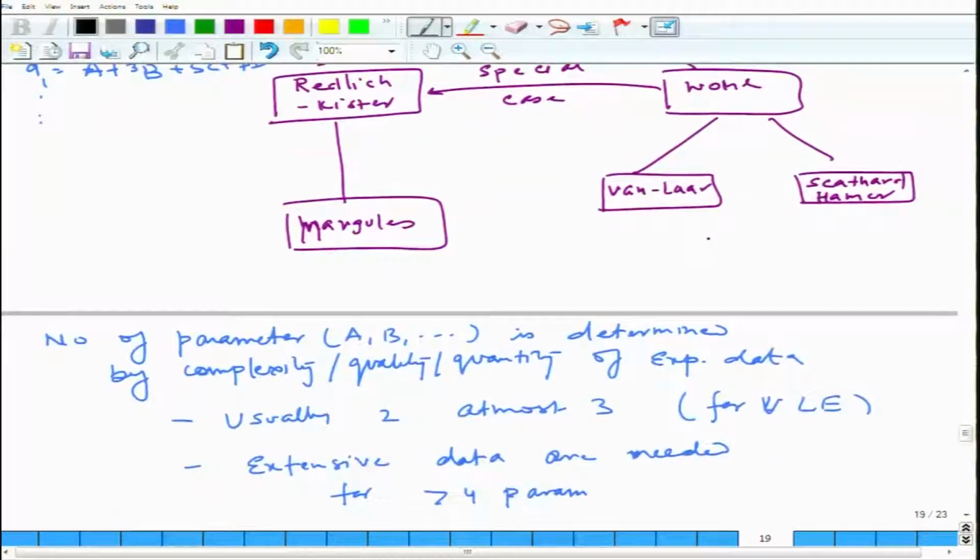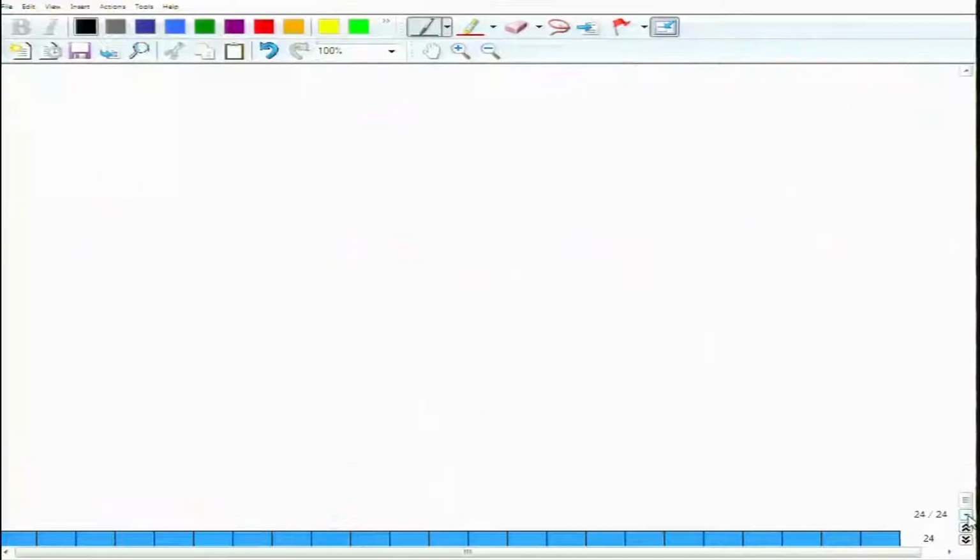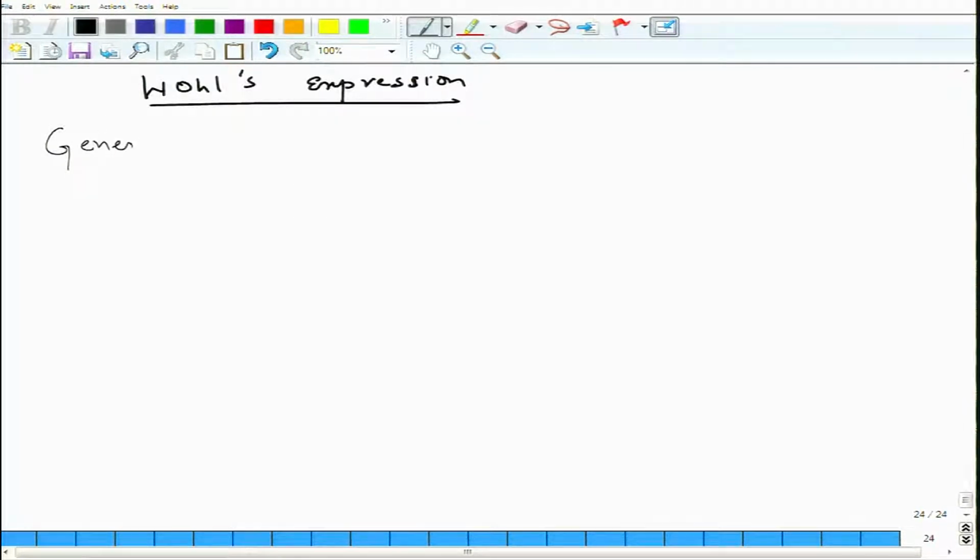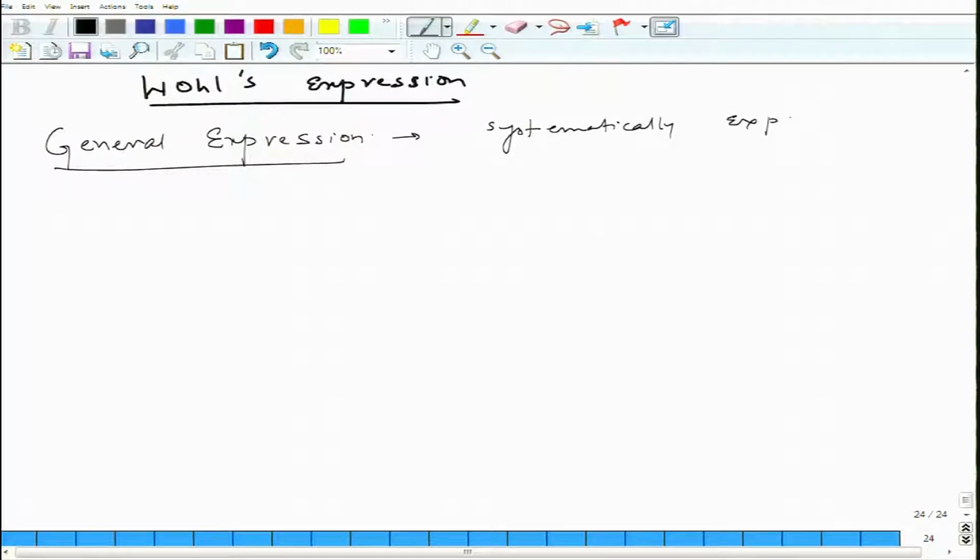Now we look at Wolf's expression. Okay. So let's describe Wolf's expression. Yeah, so this is a general expression again, which can be systematically expandable for a multiple component system.